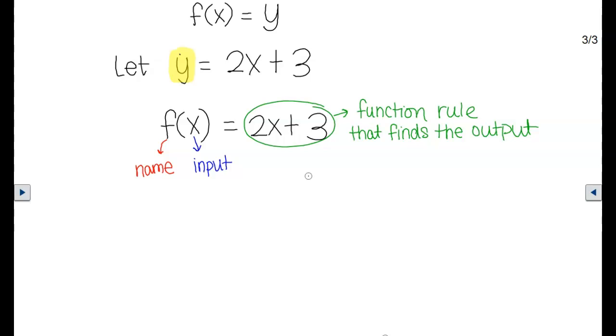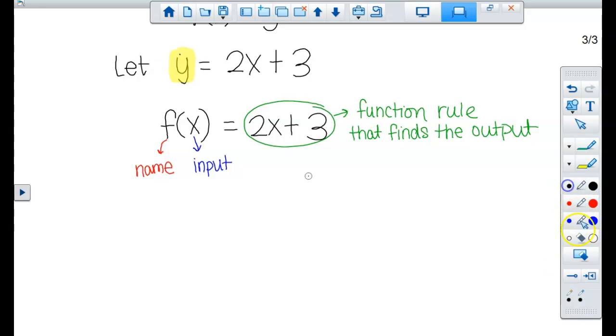So that f is the name of the function, that x is the input, and this 2 times x plus 3 is my function rule that finds the output. So I would read this as f of x is equal to 2 times x plus 3. A function of x is equal to 2 times x plus 3.